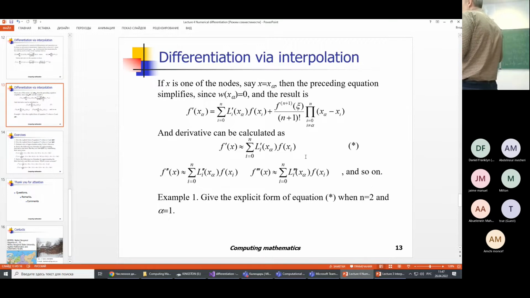We obtain this formula as a second derivative of the interpolating polynomial.